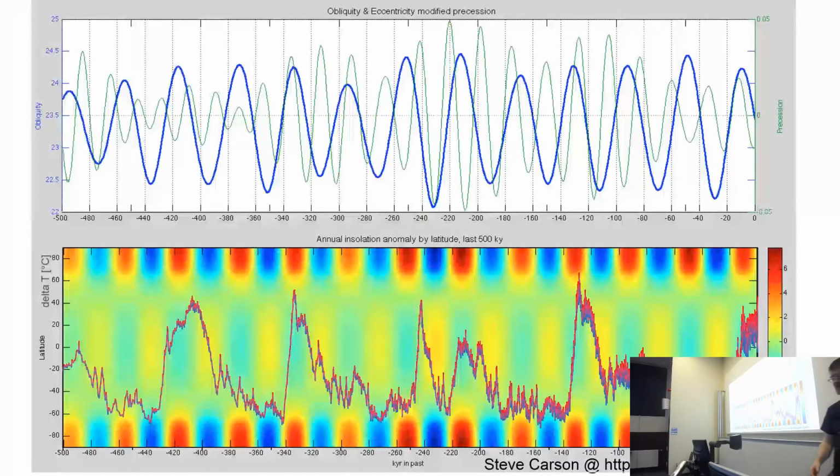Okay, so you can see that these changes in the orbit cause changes. Sometimes it's a bit warmer summers, sometimes the summers are a bit cooler, at different latitudes. So this is the equator down to the South Pole and then up to the North Pole.